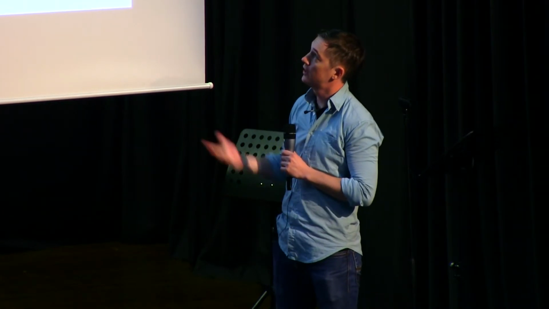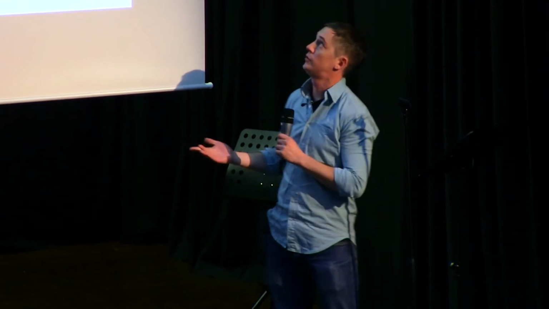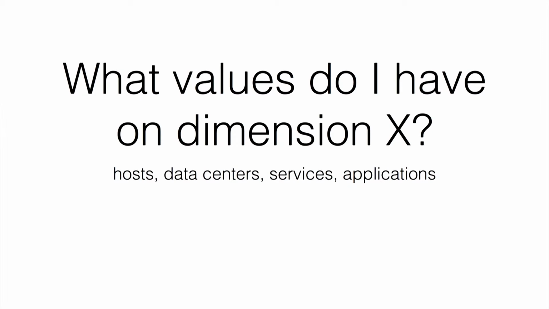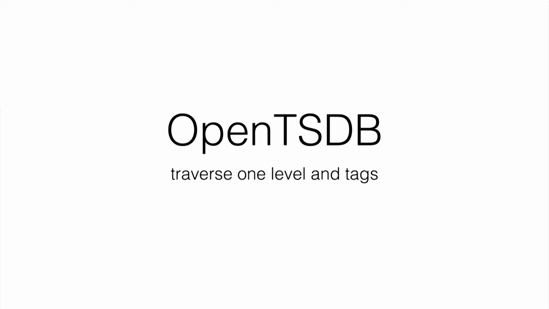Right, sensor names at the end. So another question that I think is interesting is, what values do I have on some dimension? And the dimension could be hosts, data centers, applications, all sorts of stuff. In OpenTSDB, essentially you traverse one level, which is the name, and then you ask that about the tags.